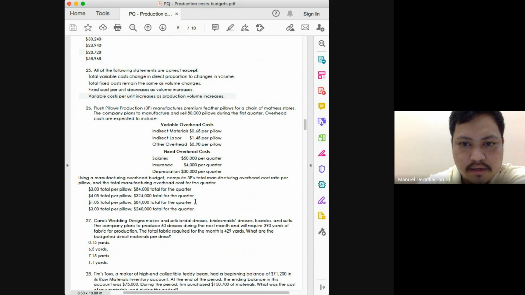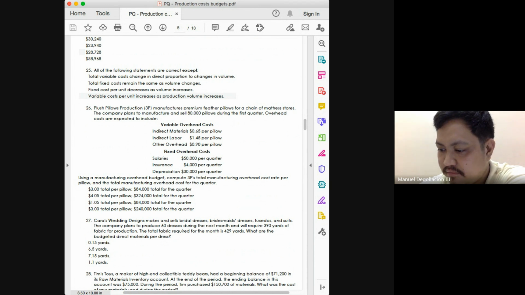Okay, but that's not the answer because we will have to add the variable overhead cost, which is the indirect materials of 0.65, plus indirect labor of 1.45, and then plus the other overhead of 0.90, which is 4.05. So the answer here would be 4.05.